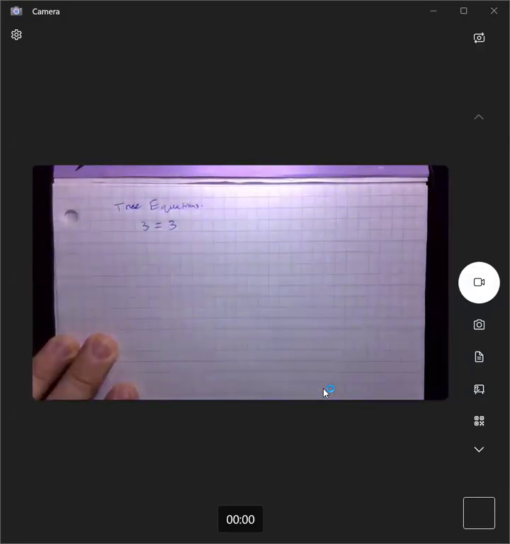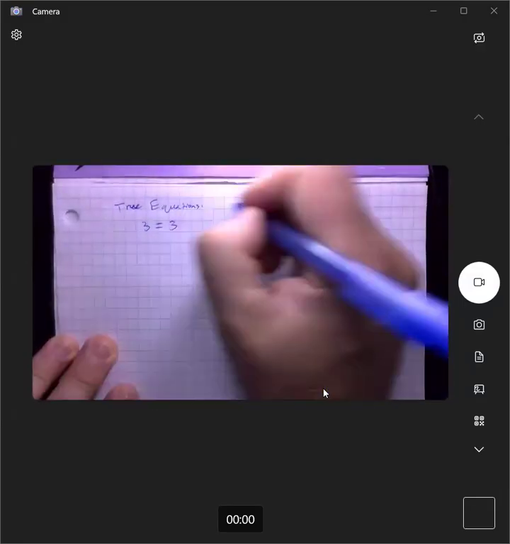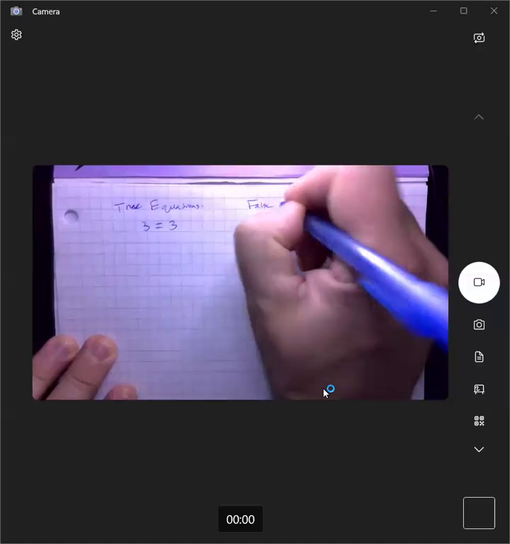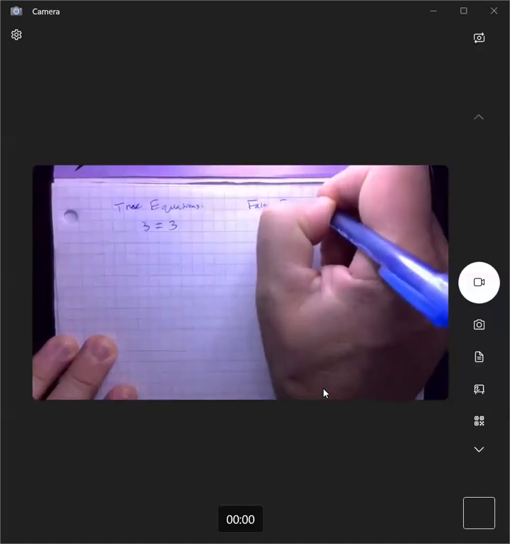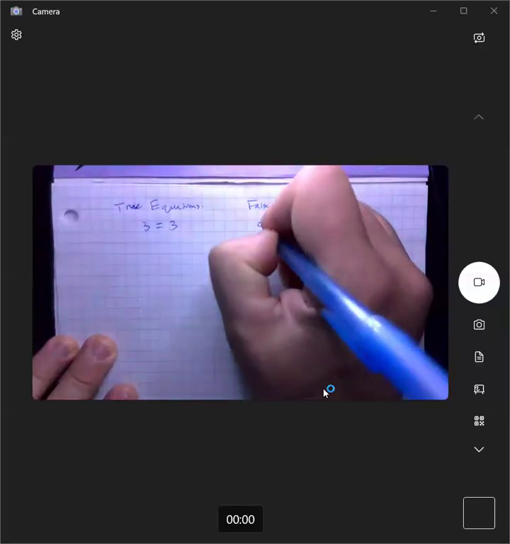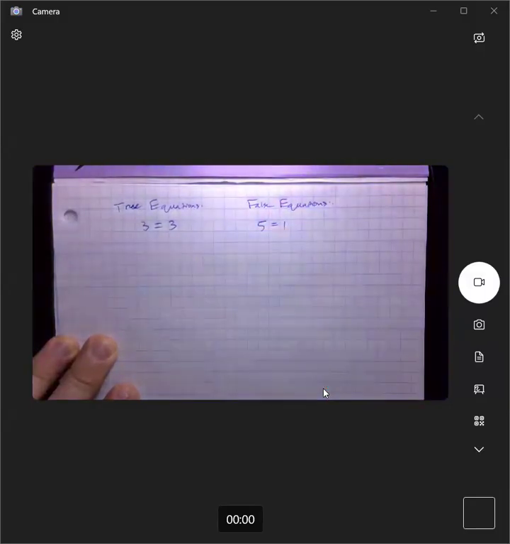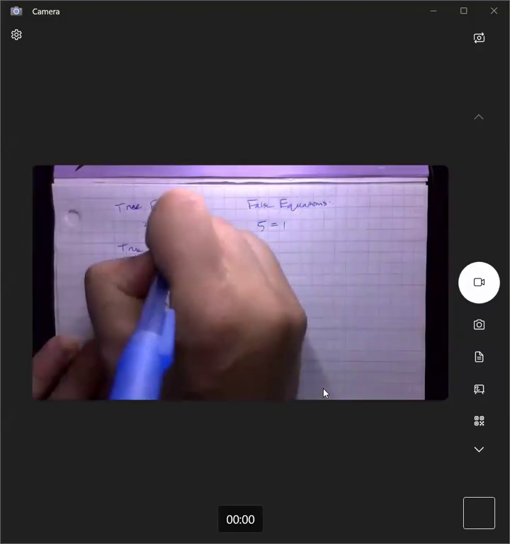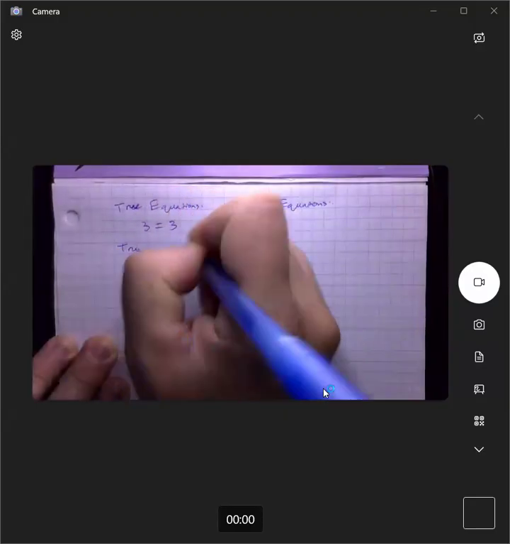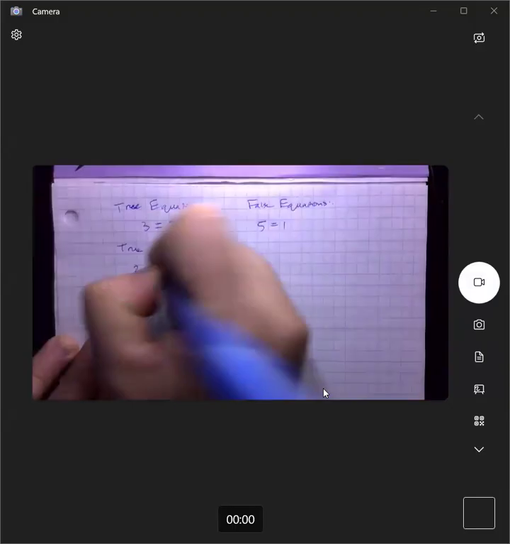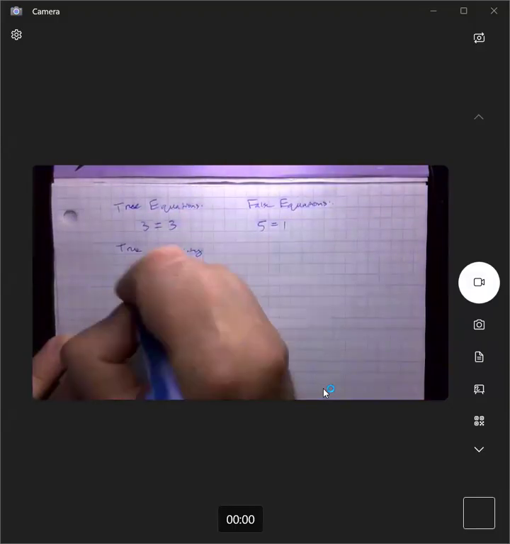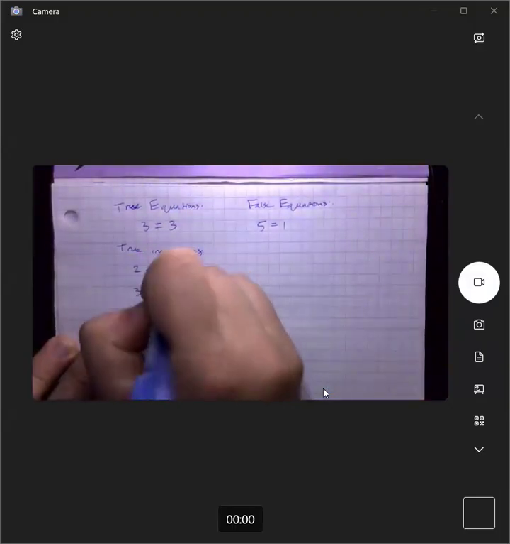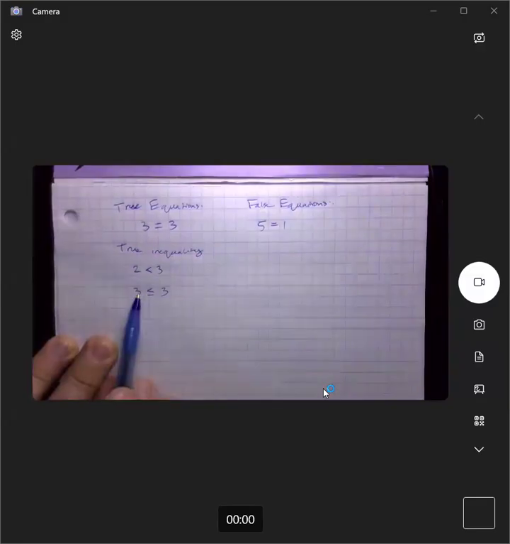That's a true equation. False equations. 5 equals 1. That is false. True inequality. 2 is less than 3. That's certainly true. 3 is less than or equal to 3. That's also true because 3 is less than or equal to 3.